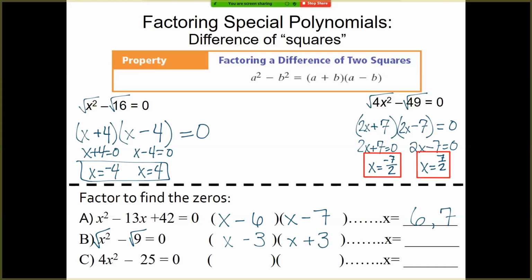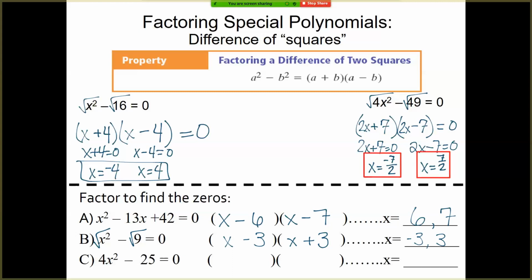And again, order doesn't matter on your factors as long as you have them both. When I set those equal to 0, I get answers of -3 and +3. Again, order doesn't matter as long as you have -3 and +3 as your answers.